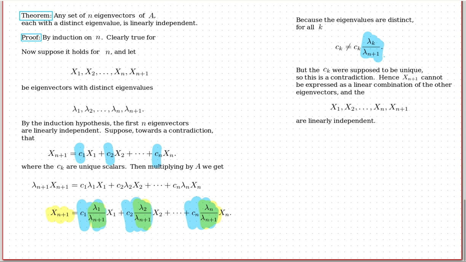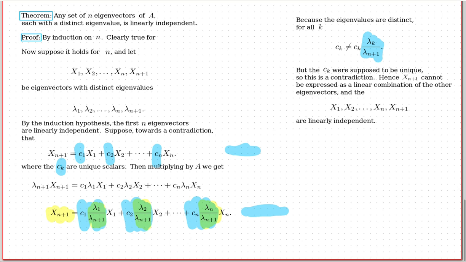Because the lambdas are all distinct. And so that factor is never equal to 1, and so the coefficients down here are never the same as the coefficients up here. But that would be a contradiction, because we assumed that the coefficients that we used to express x(n+1) were unique. Right? That's a consequence of the linear independence of the eigenvectors x1, x2 through xn.